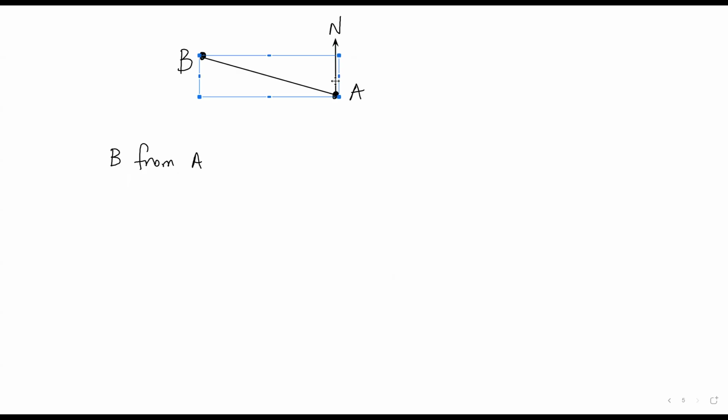Now there are two angles here. You have two angles at A, this one, and then you also have this angle in this direction. Which one will be the bearing, the red or the green? The red one. Why?